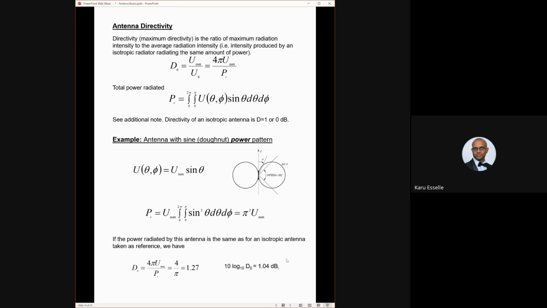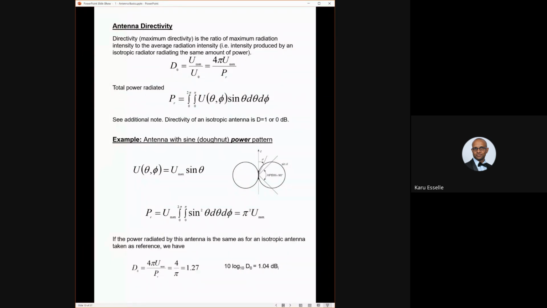We normally write it as dBi. That is because this is the directivity relative to an isotropic radiator. Always remember to express it properly: that's the directivity in dB relative to an isotropic radiator, 1.04 dBi, or in linear scale 1.27.